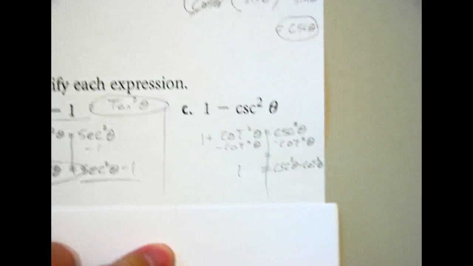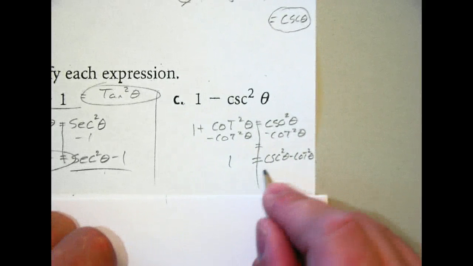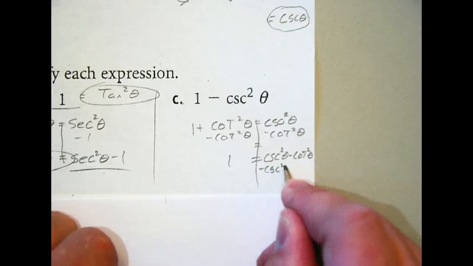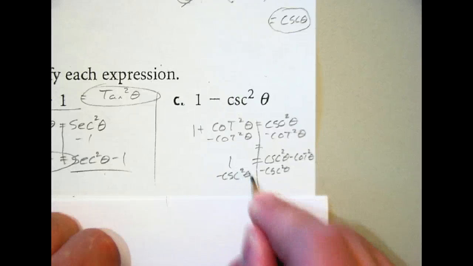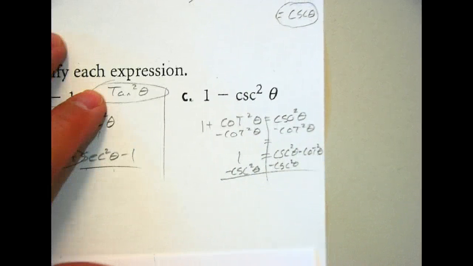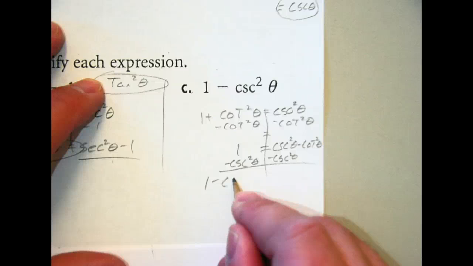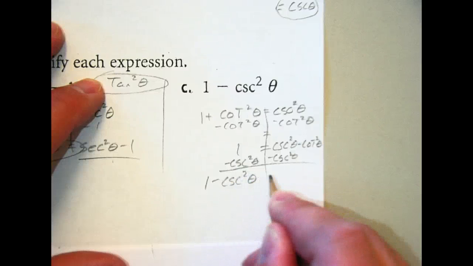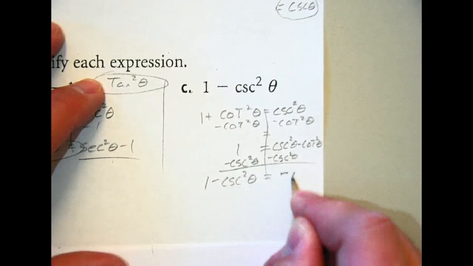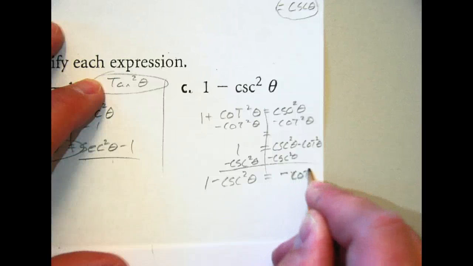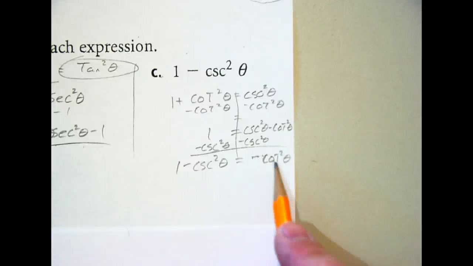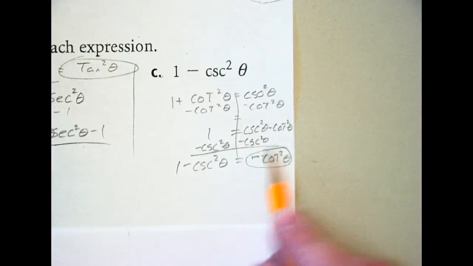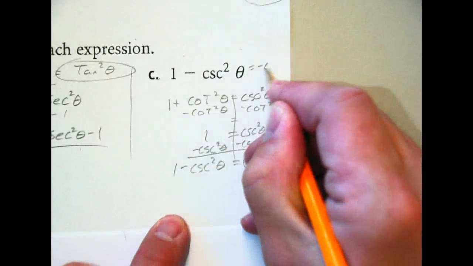And then we subtract cosecant squared theta from both sides. All right, so we get 1 minus cosecant squared theta is equal to negative cotangent squared theta. All right, good job. So that equals negative cotangent.